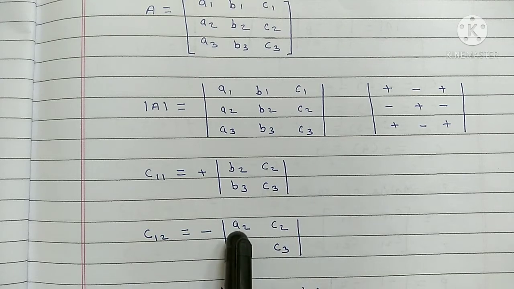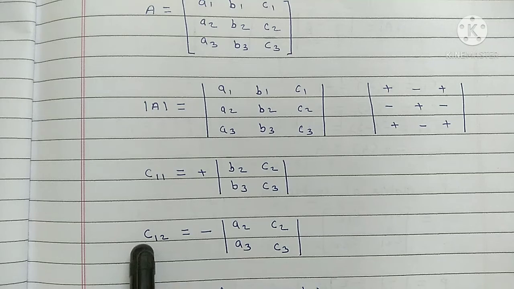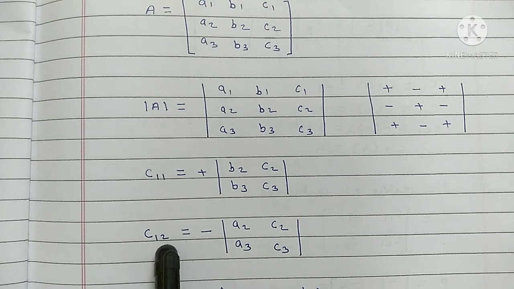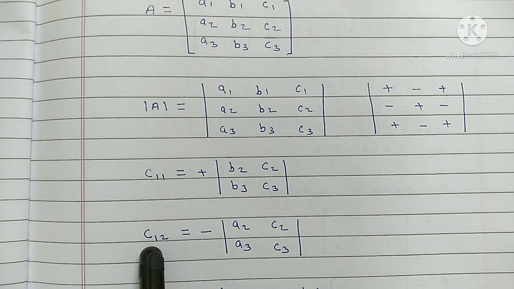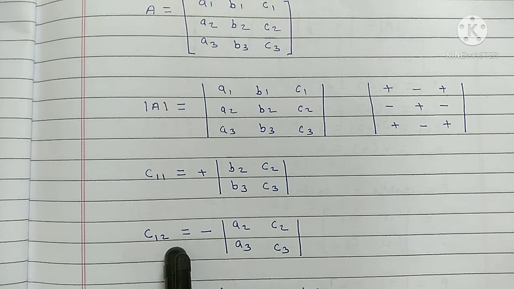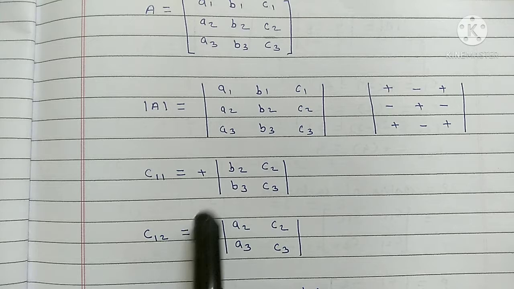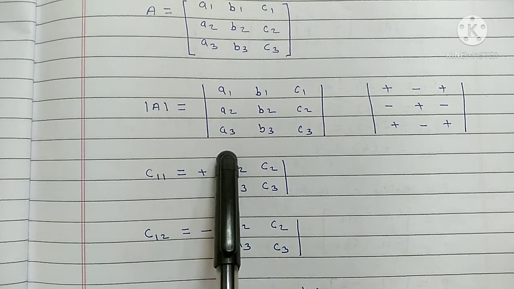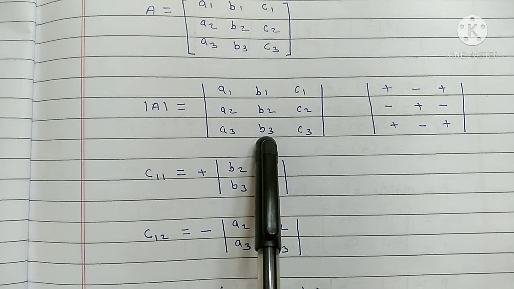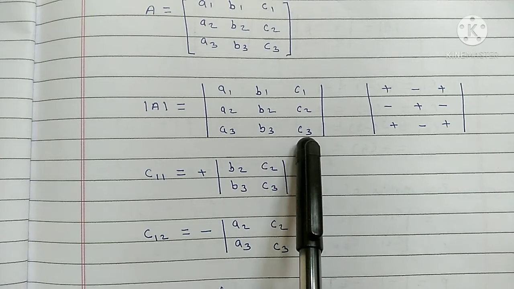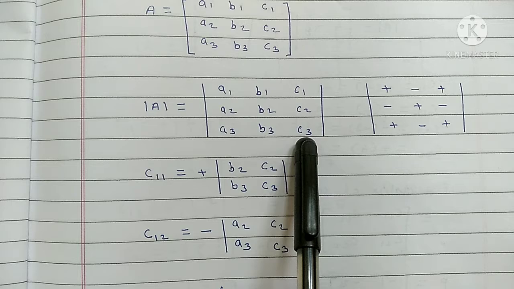So determinant of A2, C2, A3, C3. So this is C12. Like this, we can find C13, C21, C22, C23, then C31, C32, and then C33. So all these cofactors of an element of a matrix we can find.